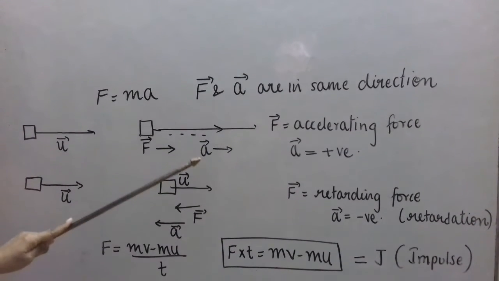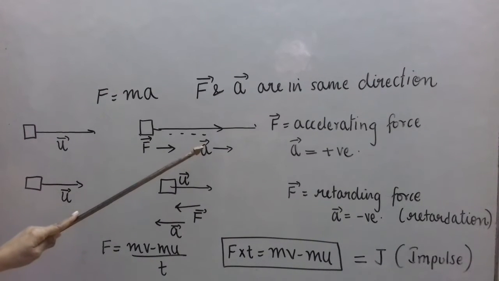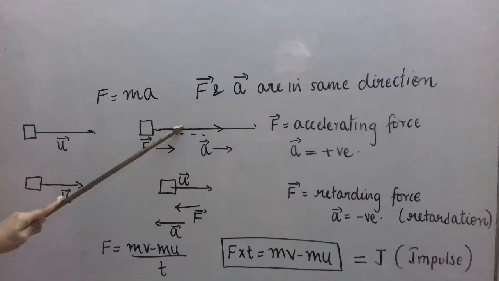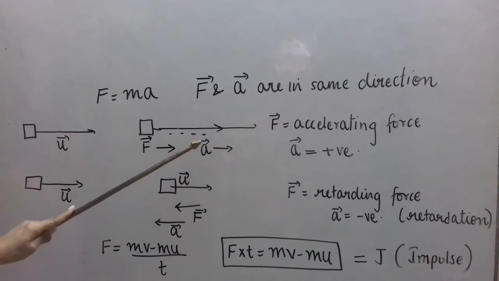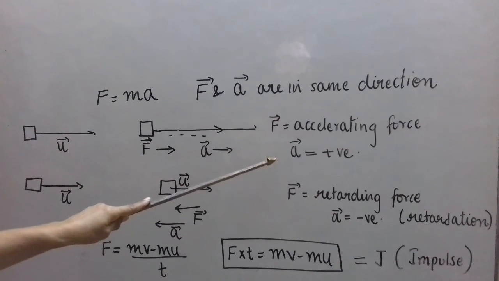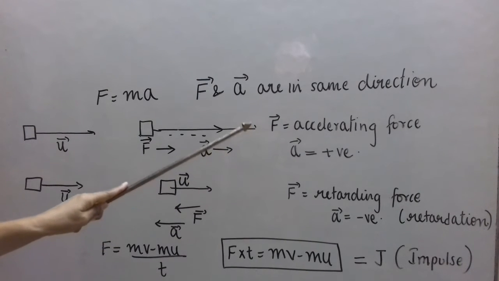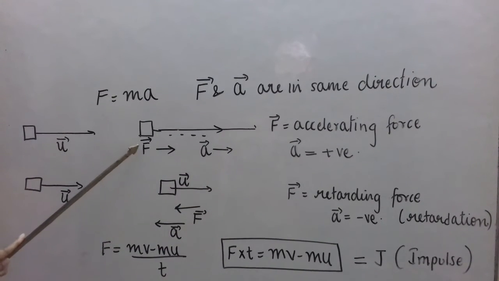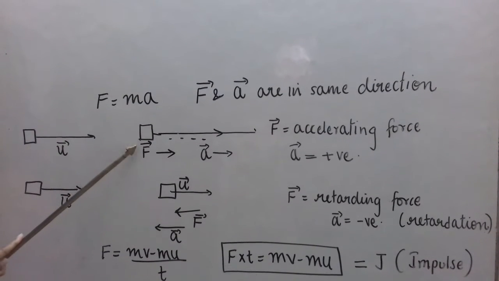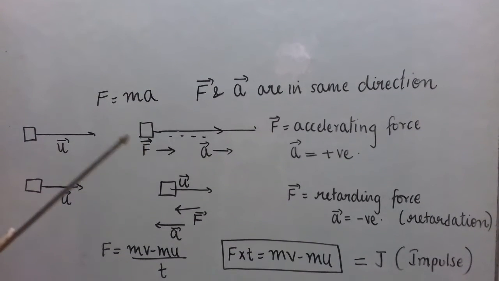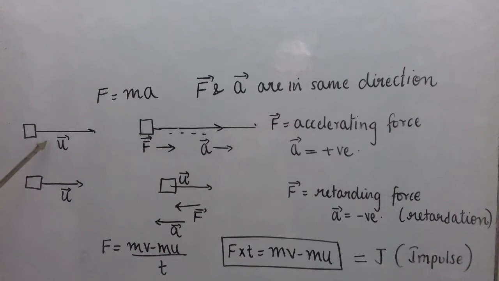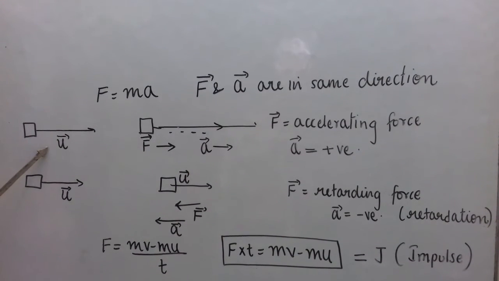And I have mentioned this before also, when the acceleration produced in a body has the same direction as that of the motion of the body, then velocity will increase, acceleration will be positive, and we can call this force an accelerating force. Velocity is increasing, a case of positive acceleration, when force and acceleration act in the same direction as that of the motion of the body.